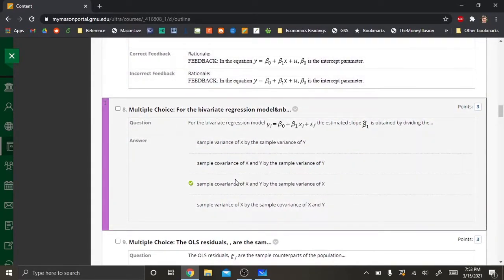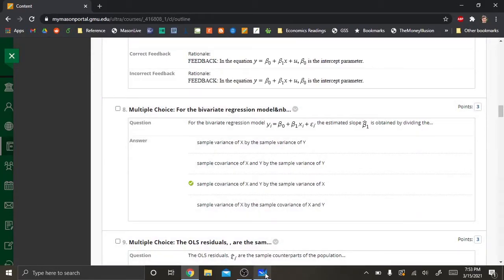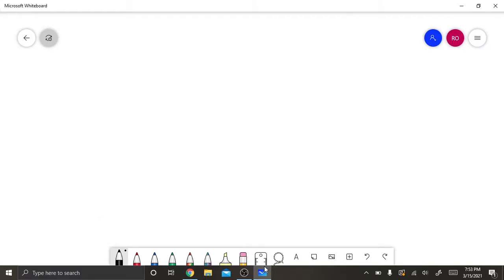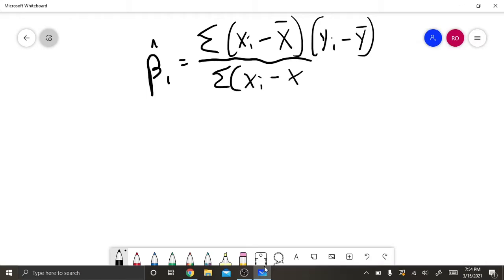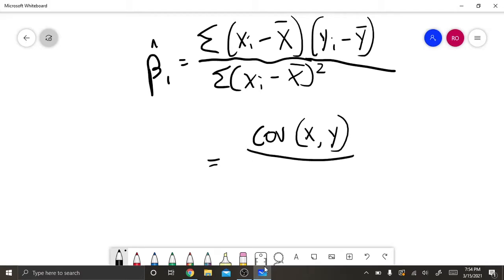All right, number 8. This is asking us how do we calculate the sample slope. If you remember, our equation for the slope is beta 1 hat equals this summation over this summation, which we could rewrite as the covariance of x and y over the variance of x.